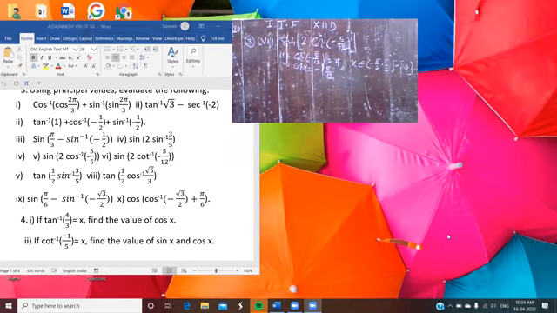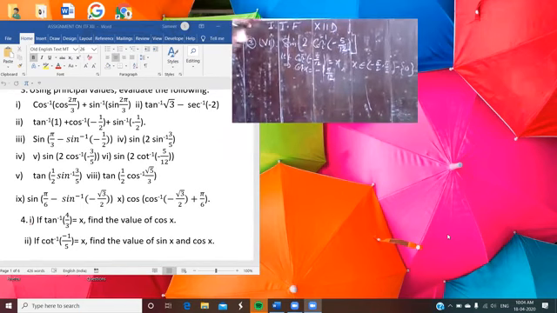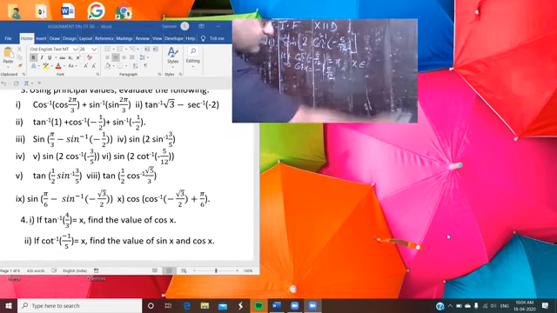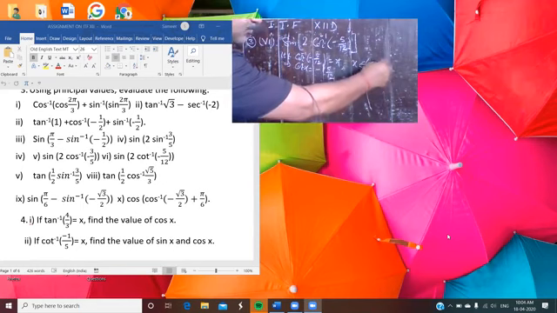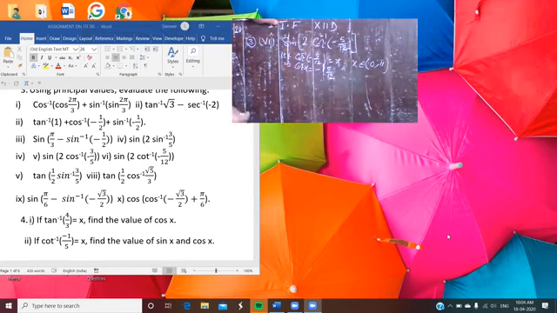So cot inverse x belongs to, sorry, here you can write 0 to pi. Okay, so in this interval sine x is positive and cos x is negative, in between 0 to pi.